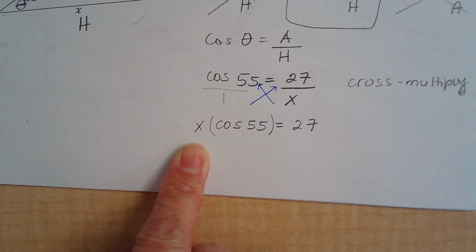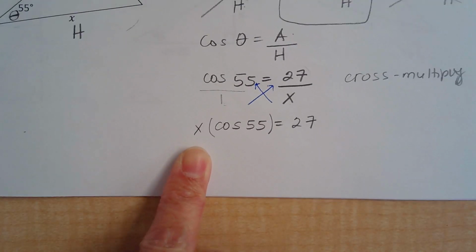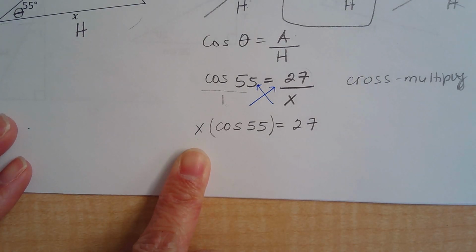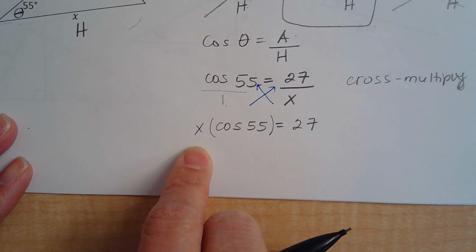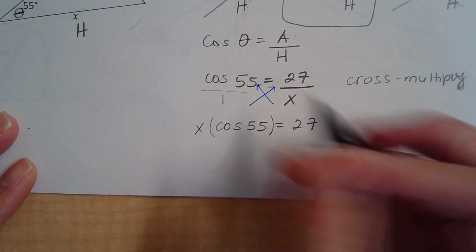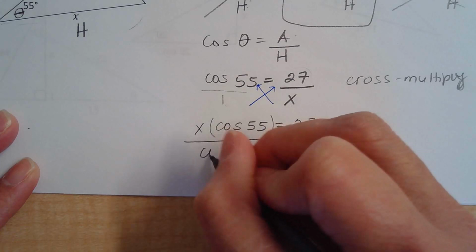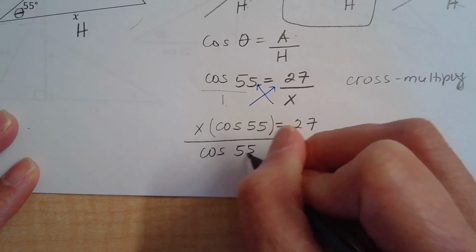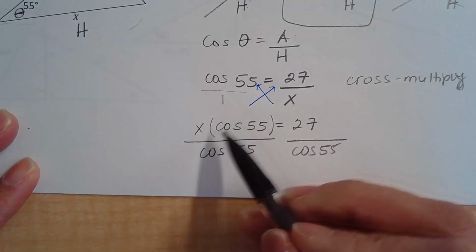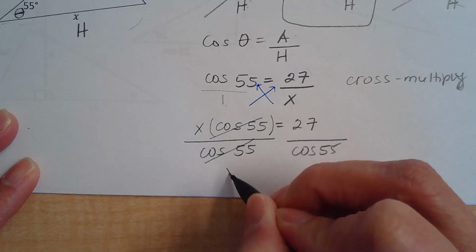What are we going to do next so that we can solve for x? Yeah, we're going to divide by cos 55, and then that cancels.